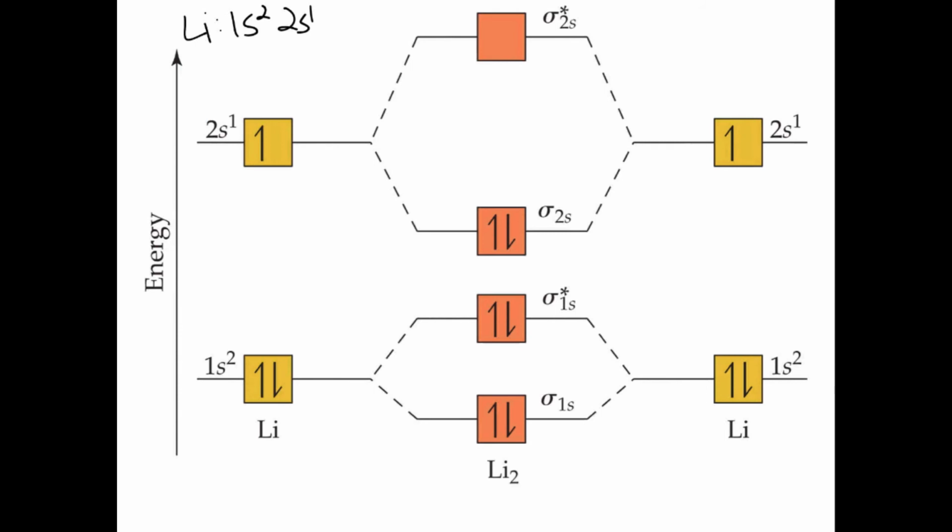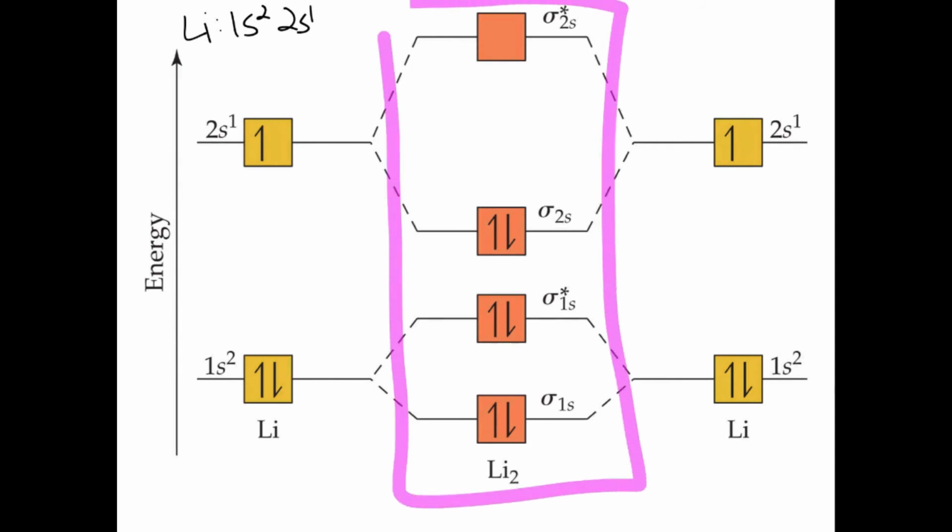Bringing those 2 together creates the molecular orbital energy level diagram that you see in the middle here. So this is what's inside the pink box here. This is the molecular orbital energy level diagram. And the moral of the story here, I suppose, is that we see the exact same result.